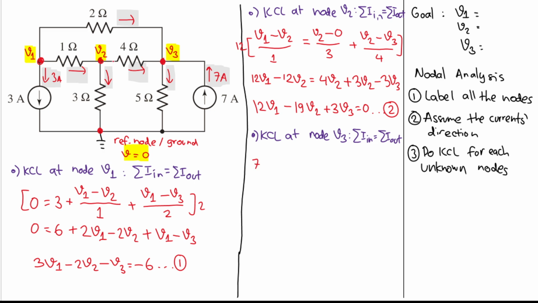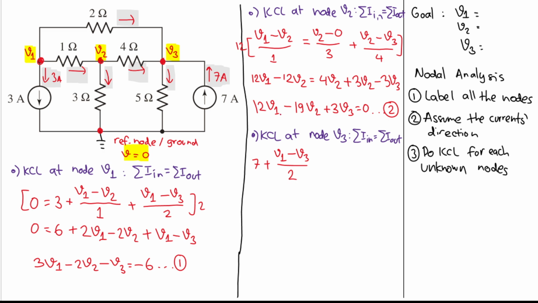And then this current here goes in, so we will have plus V1 where the current comes from, and then it goes to V3, so I will have V1 minus V3, and then we divide it by the resistance between them, which is 2. Good.